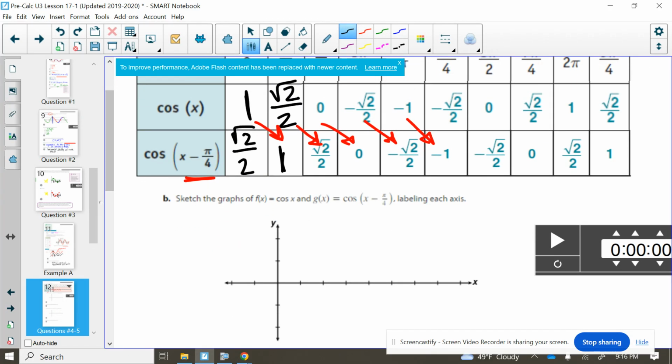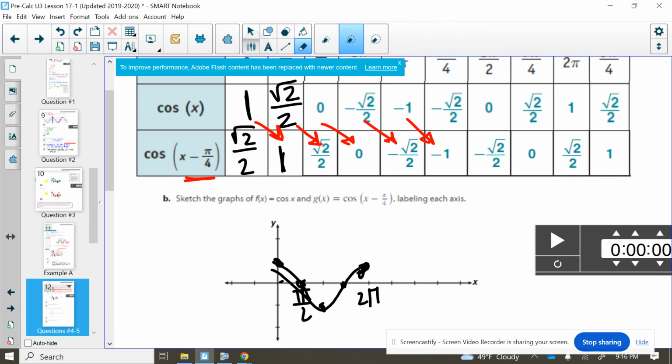So again, if we think about our normal parent function here, this is our normal parent function graph of cosine. What's going to happen on this one is everything is going to end up shifting to the right 1 unit. So instead of starting at 0, we're doing pi over 4, not pi over 2.